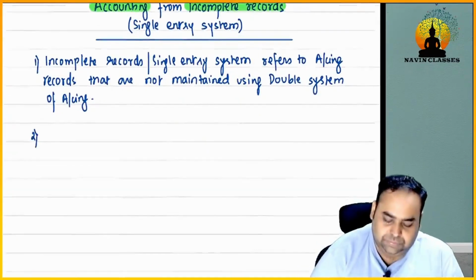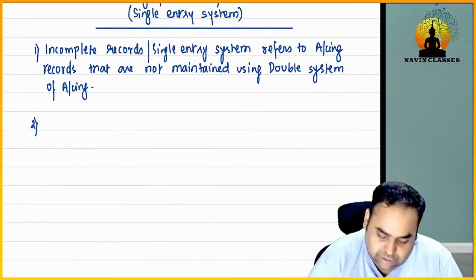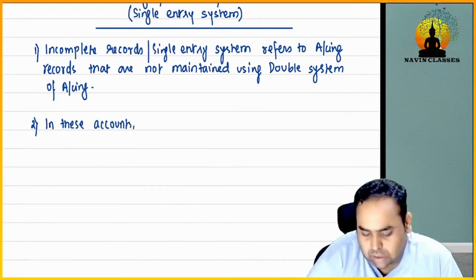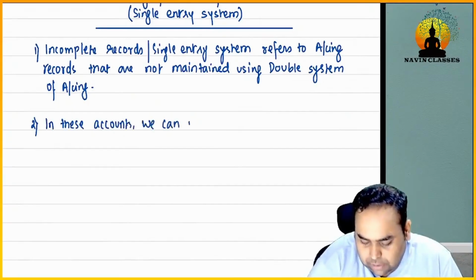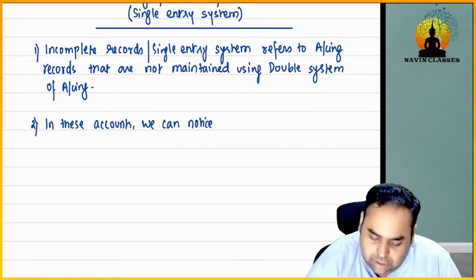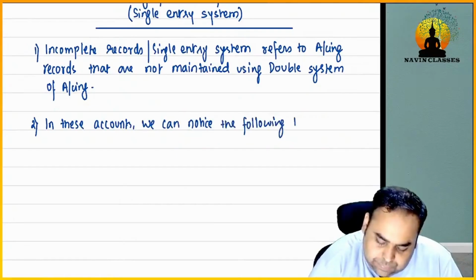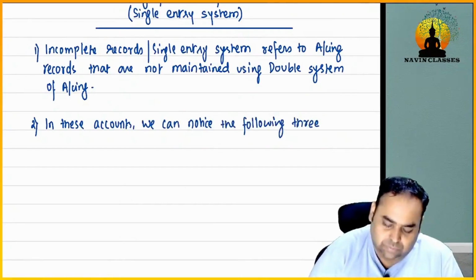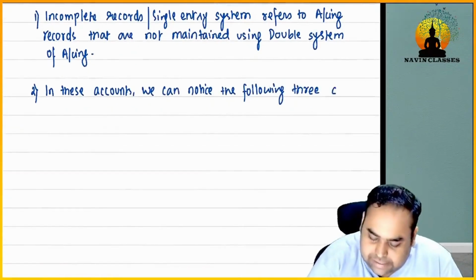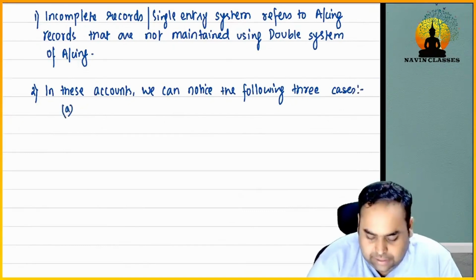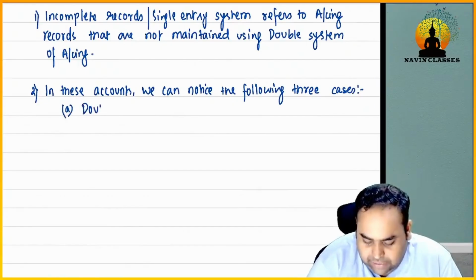Number 2: in these accounts, we can notice the following three cases. Part A, double entry for some transactions.